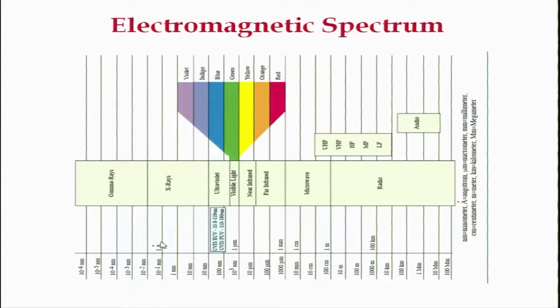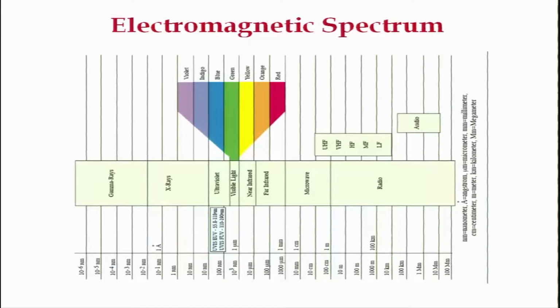So, we need to be in the far extreme of X-rays to have wavelengths which can satisfy our criteria of diffraction. If you further reduce the wavelength, you get into gamma rays, but we do not want gamma rays for diffraction. They are also very dangerous to deal with. X-rays are also dangerous, we need to use them properly, but this is the regime we are in, a wavelength of the order of 1 angstrom.